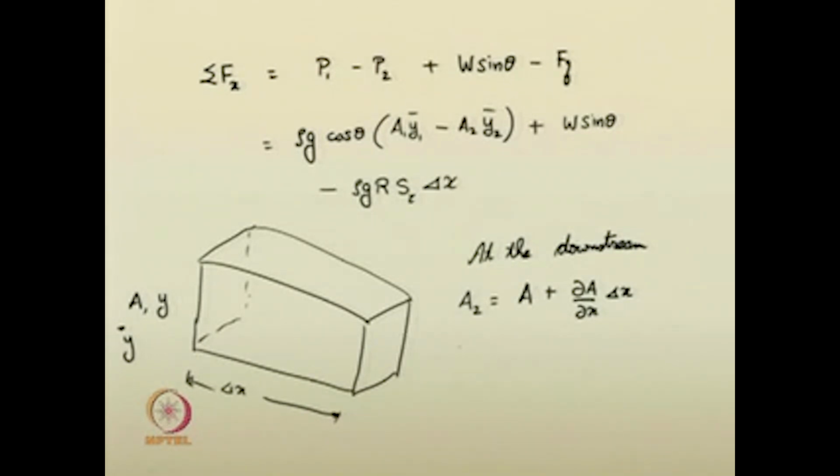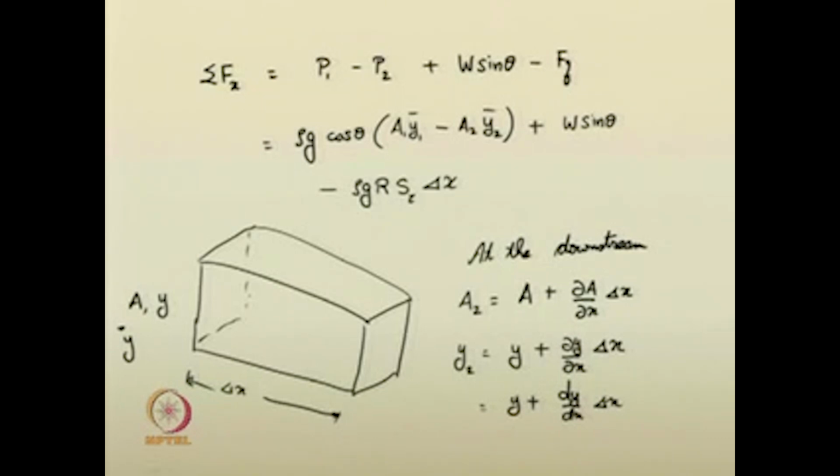Similarly, y2 can be given as y plus dou y by dou x into del x, or since y is varying only with respect to x, you can write this as y plus dy by dx into del x.